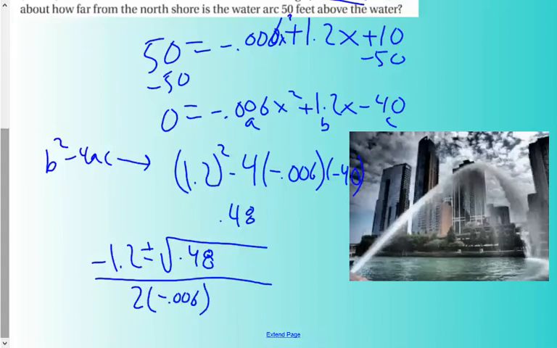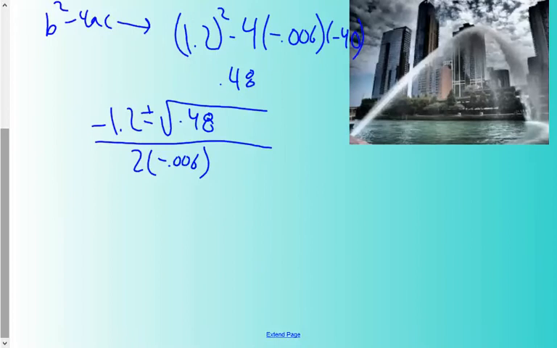Now I'm just going to do each one of these answers. Negative 1.2, I'm going to use my calculator, plus the square root of 0.48. Then I'm going to divide that by, in parentheses, 2 times negative 0.006. And I get 42.26.